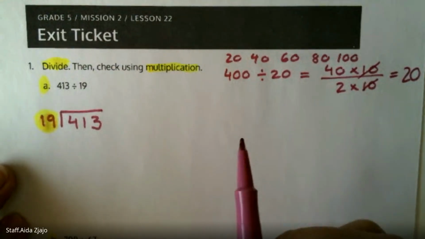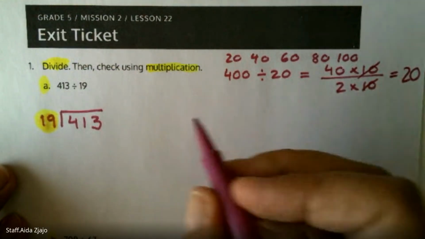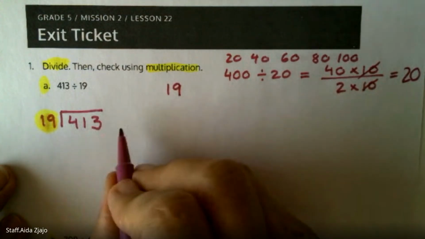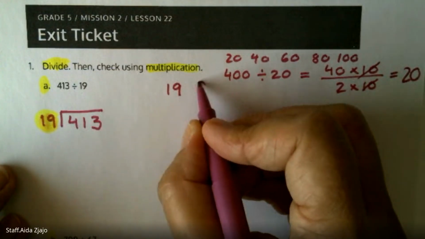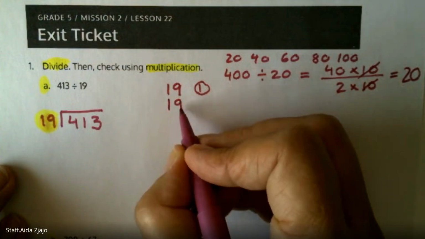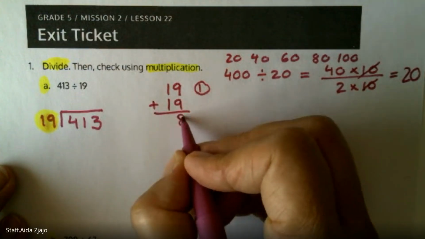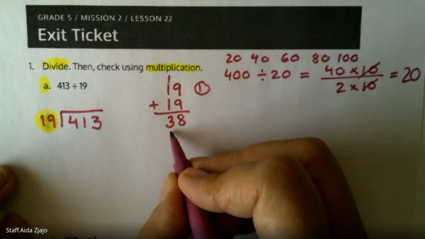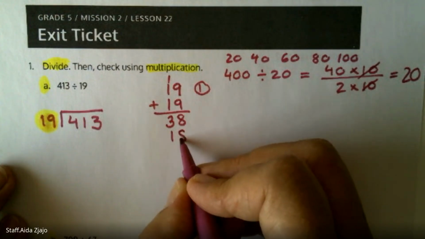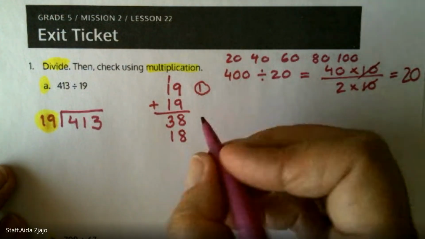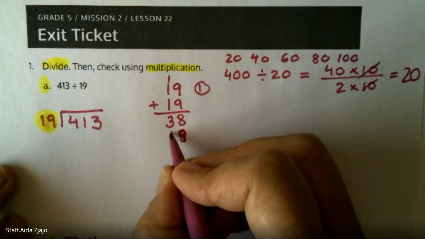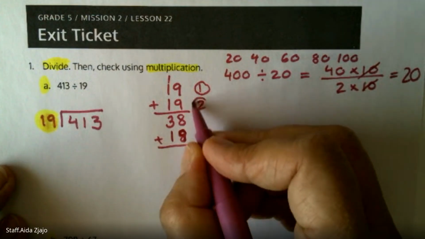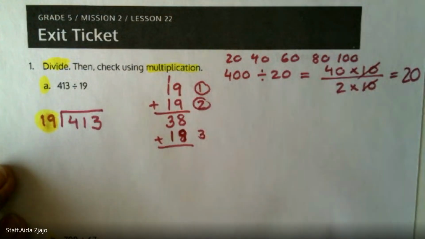Next solution is thinking how many groups of 19 are in this number. So that's one group of 19. I'm going to add one more, which will be 38. I'm going to add 19 again, plus, so that would be, this is 2 groups, this is 3 groups.